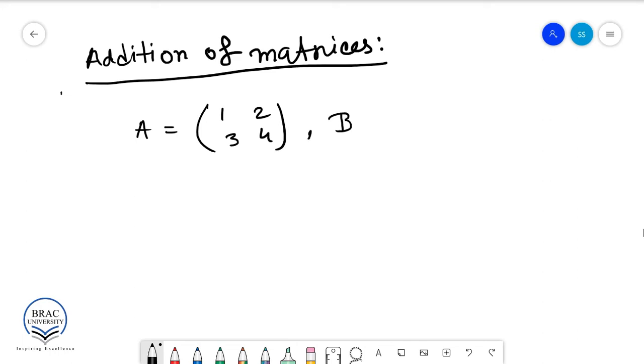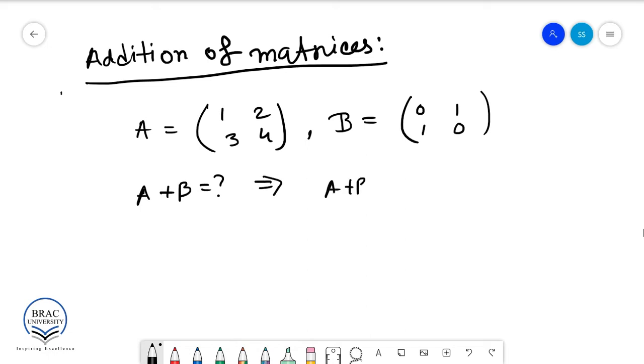And let's take another matrix of the same order, and let's denote the matrix elements as 0, 1, 1 and 0. So I want to evaluate what is A plus B. To do that, we write A plus B equals 1, 2, 3, 4 plus 0, 1, 1, 0.